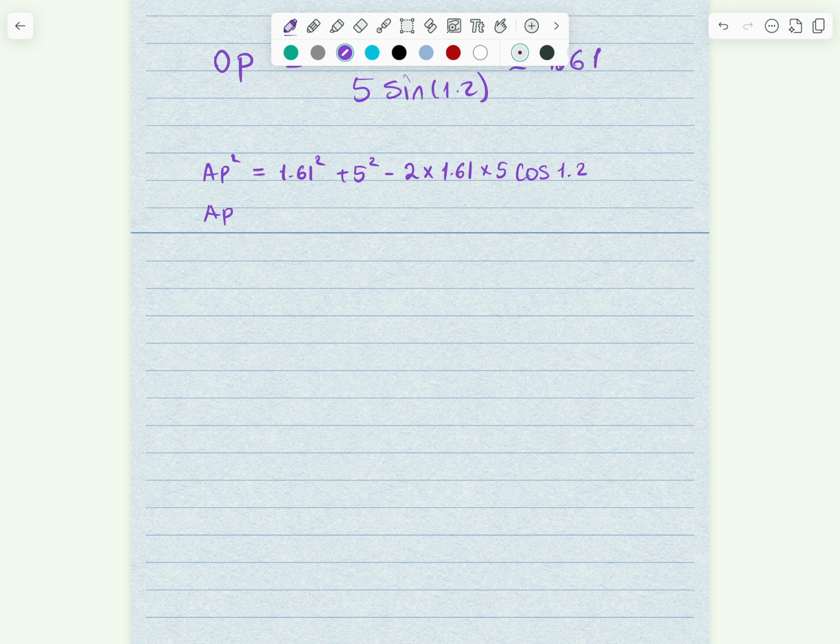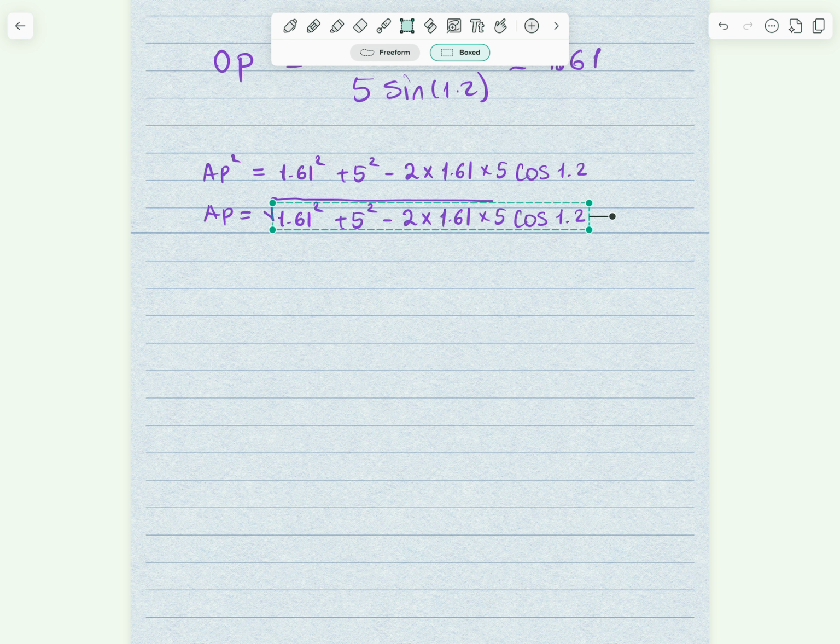Then AP is the square root of everything. Taking the square root of everything is a good idea because I don't want to do an estimation. I might write this step or not, it's not necessary at all here.